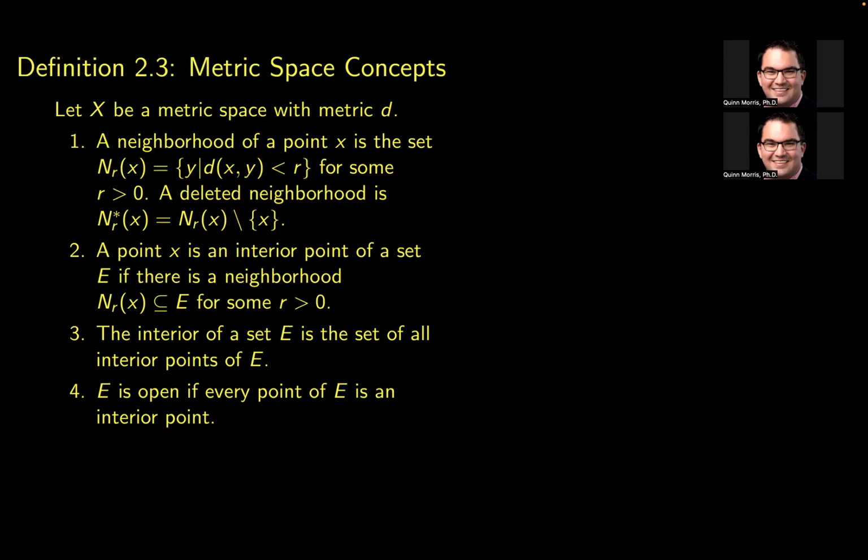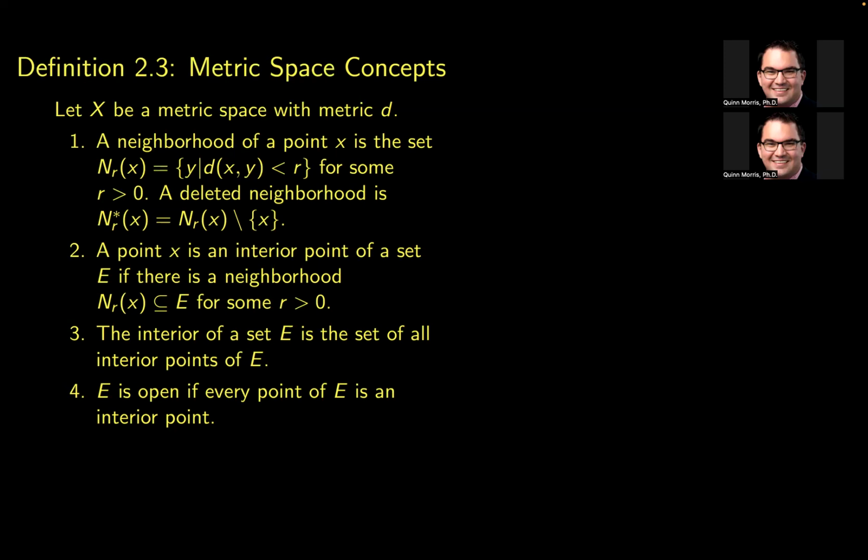A metric is a way of thinking about distance, so all of these things are going to, in some way, be related to thinking about points that are close to other points in an appropriate sense, sets of points that are near other points. These are all going to encapsulate some notion of closeness.